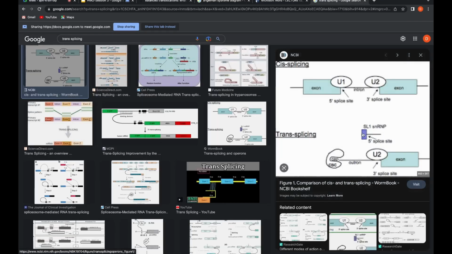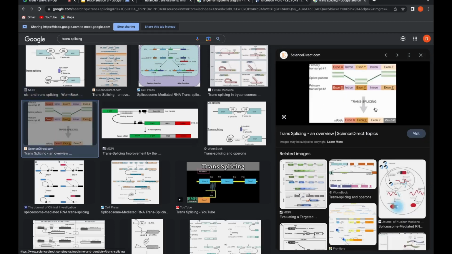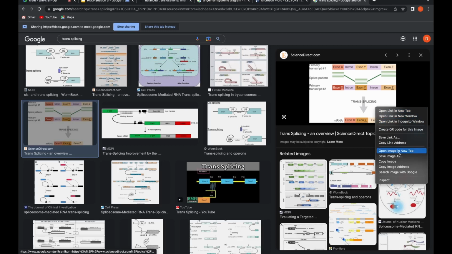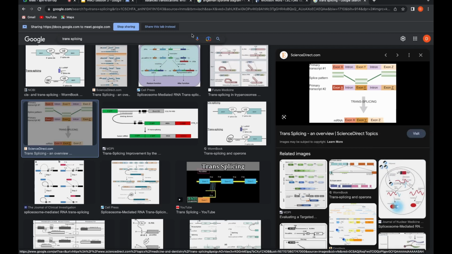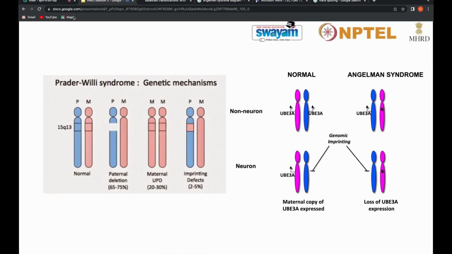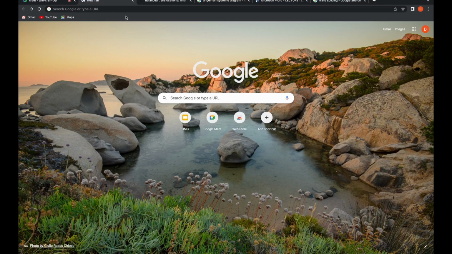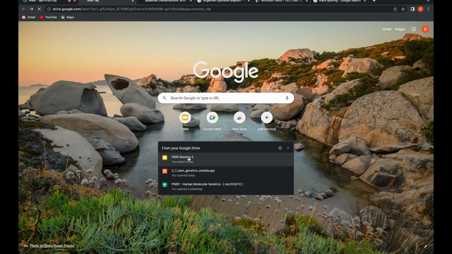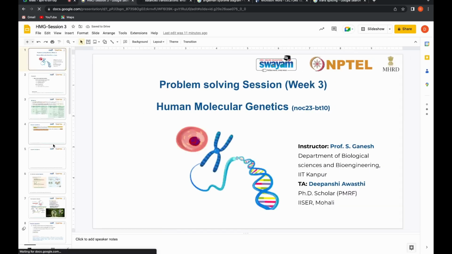Trans-splicing and cis-splicing are two different terms. In that question I was a little confused. I was thinking the answer was trans-splicing, but the correct answer was alternative splicing. So my doubt was why it can't be trans-splicing in the question.